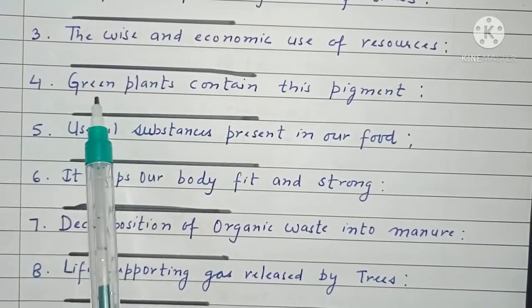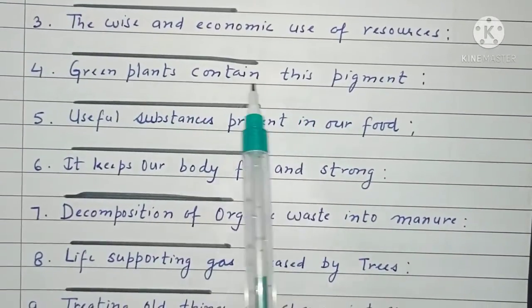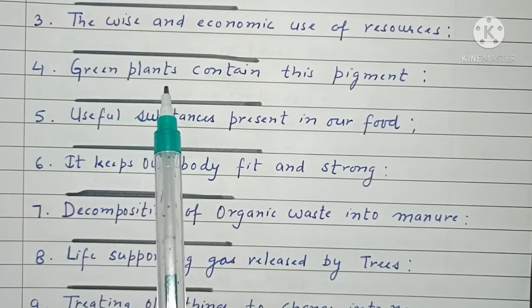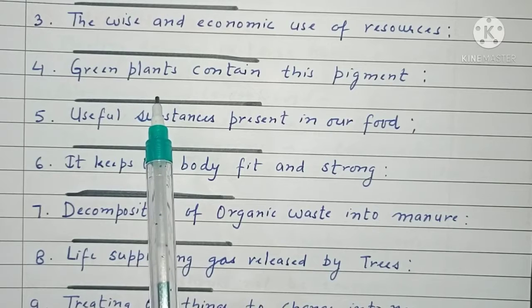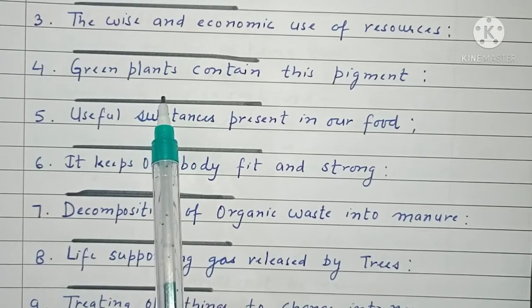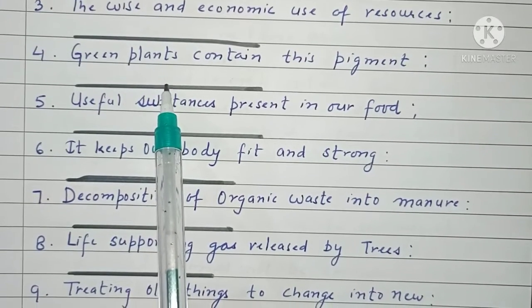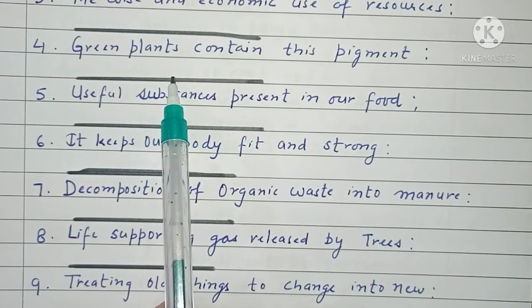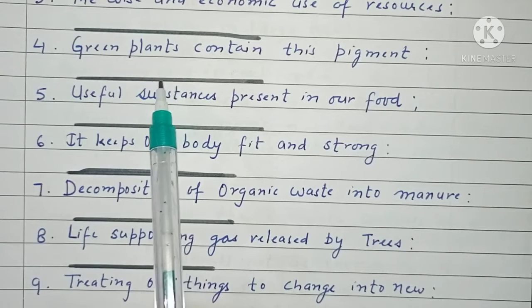Number 4, a very important pigment which is there in green plants which helps them to trap the sunlight. This pigment is chlorophyll. It is because of chlorophyll that plants are green in color. This is the pigment which helps in trapping the sunlight.